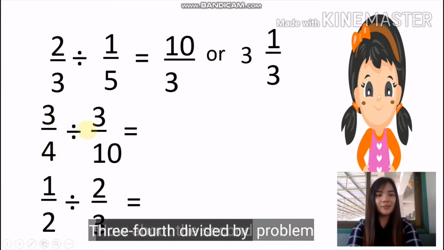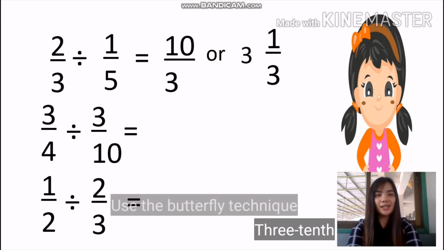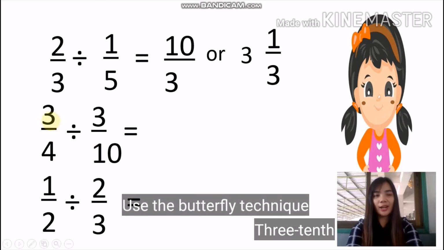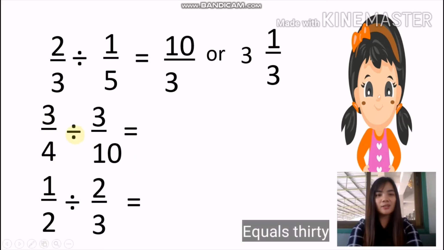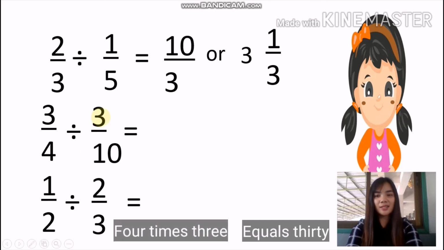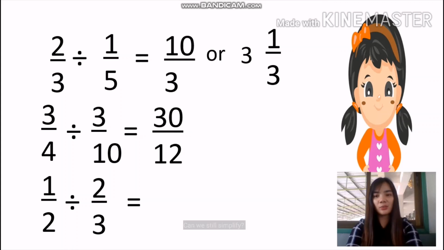3/4 divided by 3/10. We use the butterfly technique, so it's easier for us. So 3 times 10 is equal to 30. Then 4 times 3 is equal to 12. So our answer would be 30 all over 12.